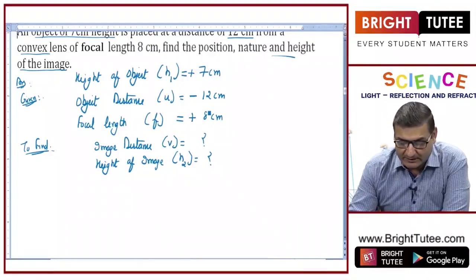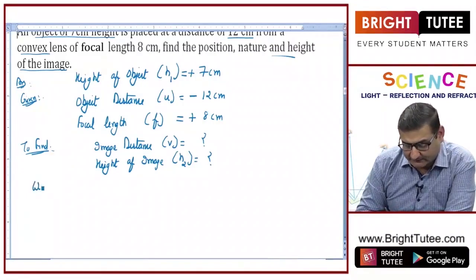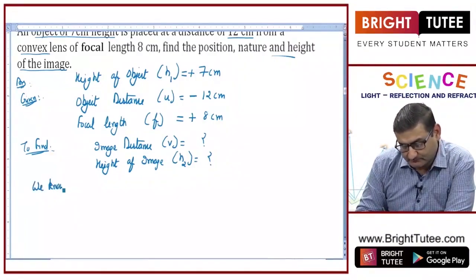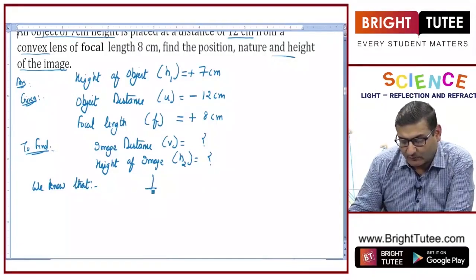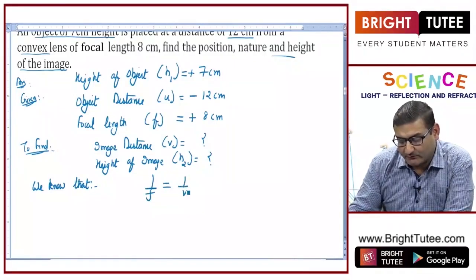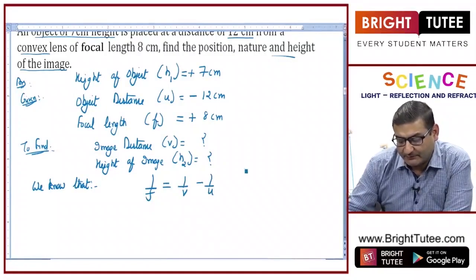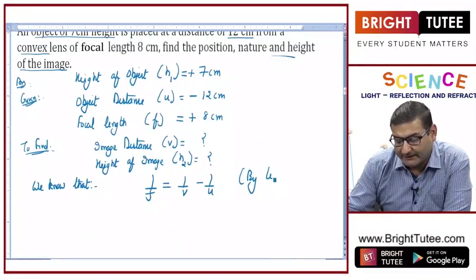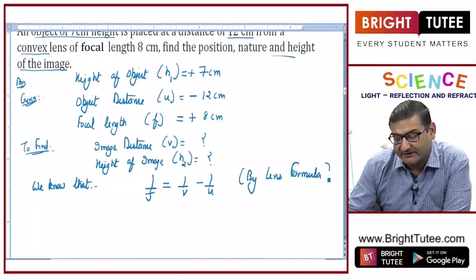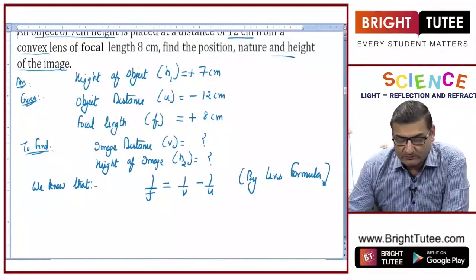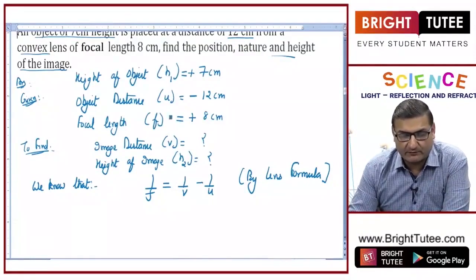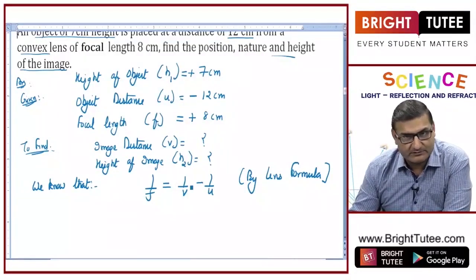So now first of all, I'll calculate using the lens formula, 1 by f is equal to 1 by v minus 1 by u. I repeat, we need to specify everything in our exam. And since I have just written u, v, f, what they represent, I can use the formula directly.